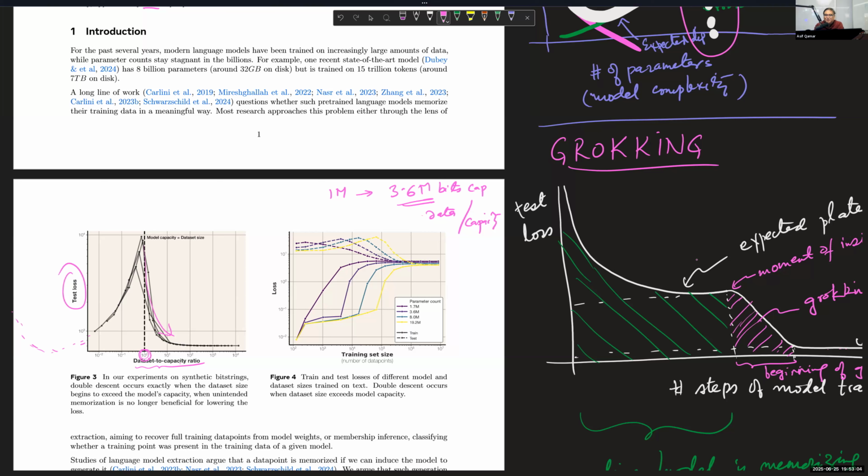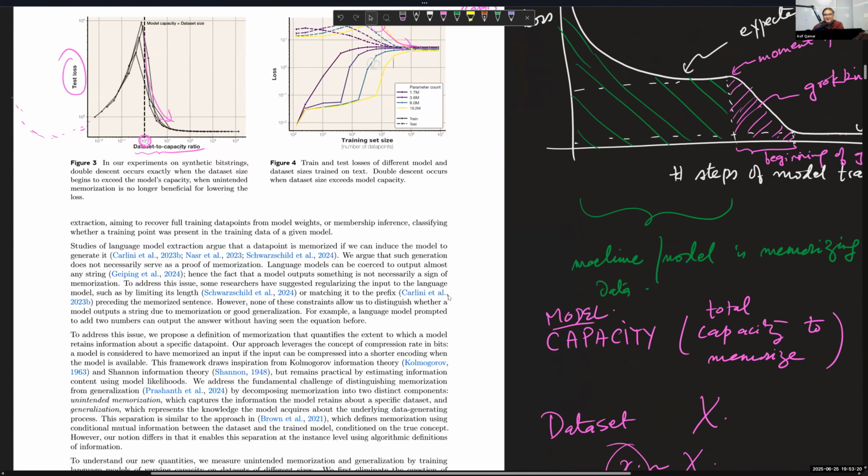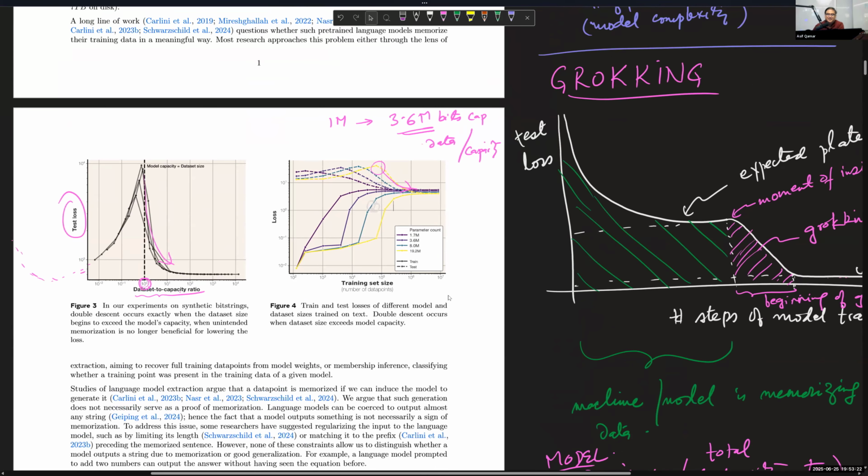But what happens to the test loss? You see that the test loss is showing a rapid decline, because it is going through the grokking phenomenon. It is the grokking that you are seeing, and the double descent is happening because of the grokking. So you can literally see that there was a low here, then it went up, and then it again comes down in the test loss.